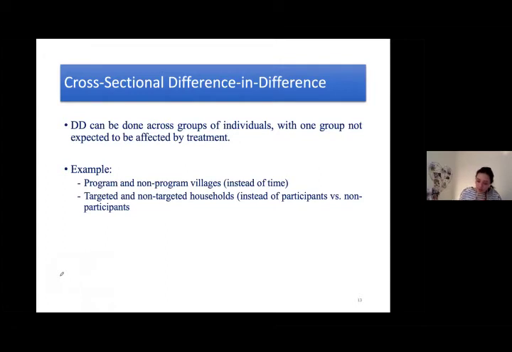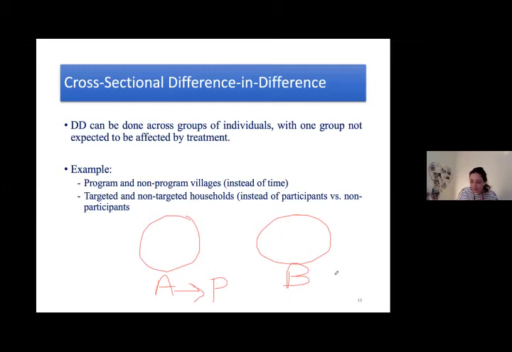So instead of before and after, assume we have this geographical location A and this geographical location B. As a policymaker, from the beginning, I said, okay, A will implement the program, and in B, I will not implement the program, no program, okay? Within A, where I'm supposed to implement the program, I have some individuals who are targeted, who have the criteria that allow me to implement the program, and the others not.